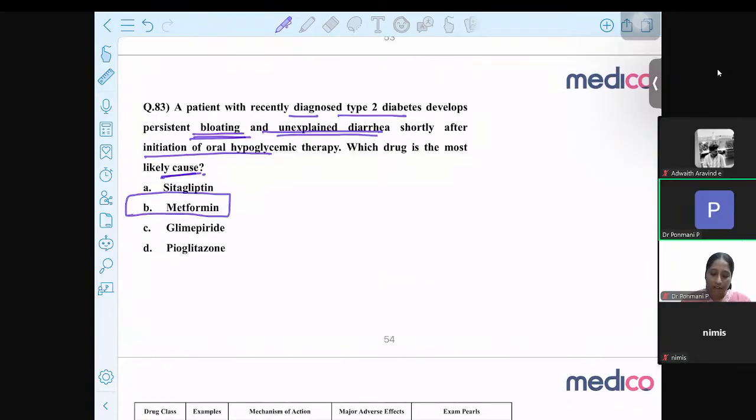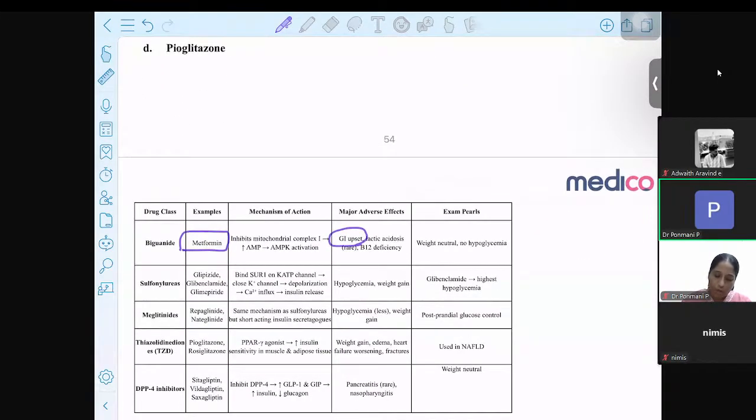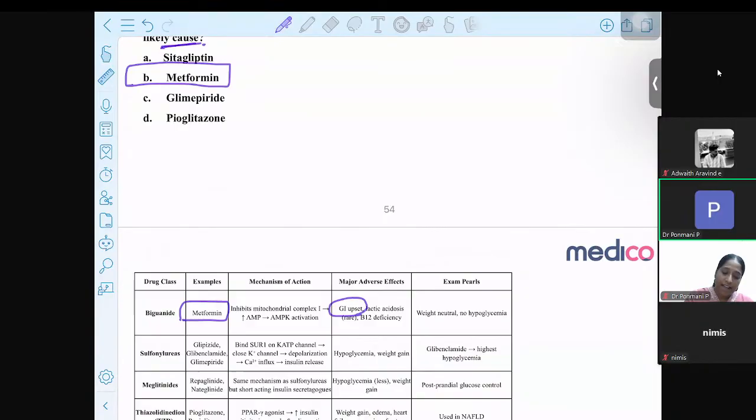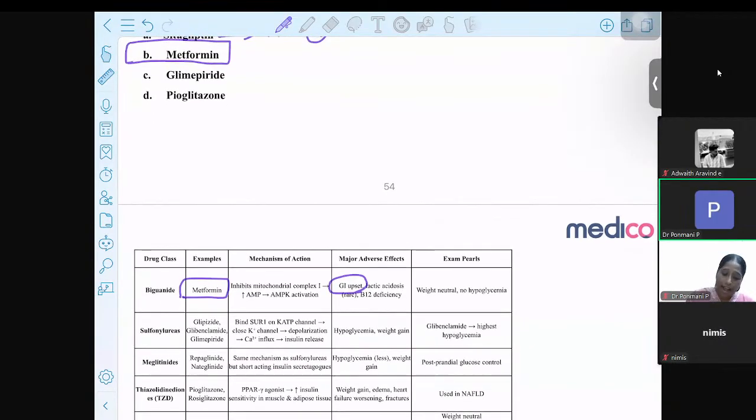Okay, do not forget. And what about the other group of drugs which they have given? They have given a DPP4 inhibitor. DPP4 inhibitors can cause pancreatitis, that is also in a very rare situation. And what is glimepiride? Glimepiride is a sulfonylurea, and this has the highest chance of causing hypoglycemia.